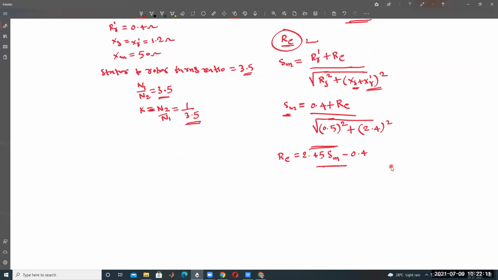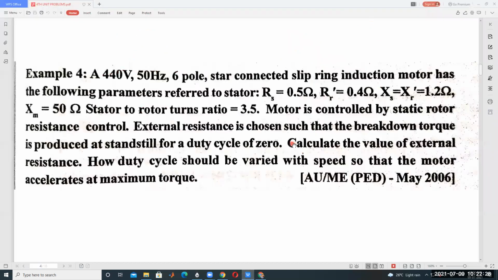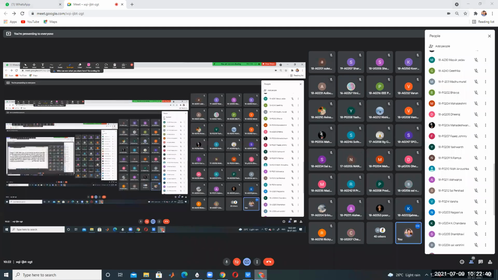This is called rotor side resistance. Okay, how to convert it to the stator side? Equivalent resistance referred to the stator side. So what is the equivalent resistance in the static rotor resistance control method? The motor is controlled by the static rotor resistance control method, am I right? I will tell you. This is the equivalent resistance in the static rotor resistance control method.